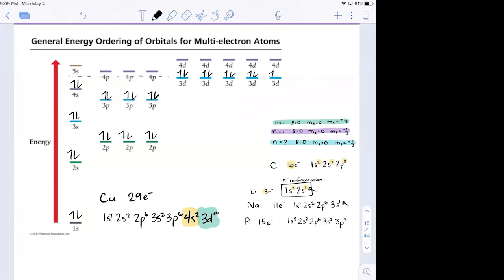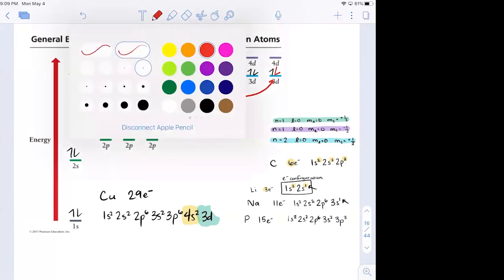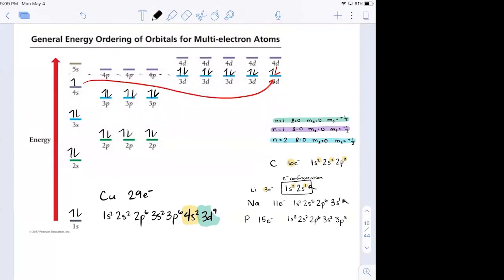What happens in reality is this electron, I'll highlight that in a brighter color, one of the 4s electrons, one of the previous orbital electrons, can jump up into the 3d so that it can satisfy the complete 3d orbital. I should have said 3d9.